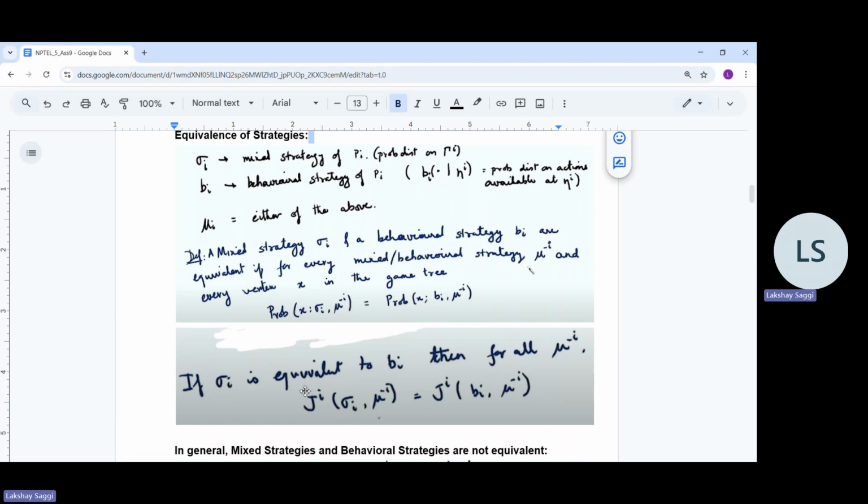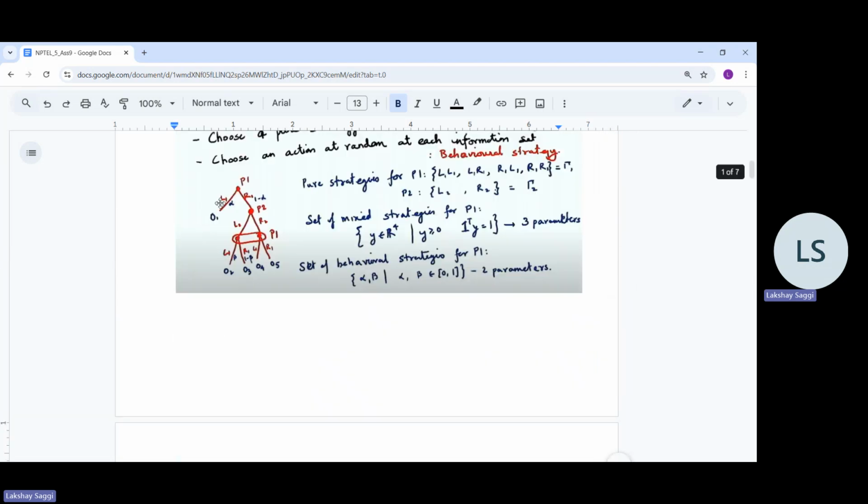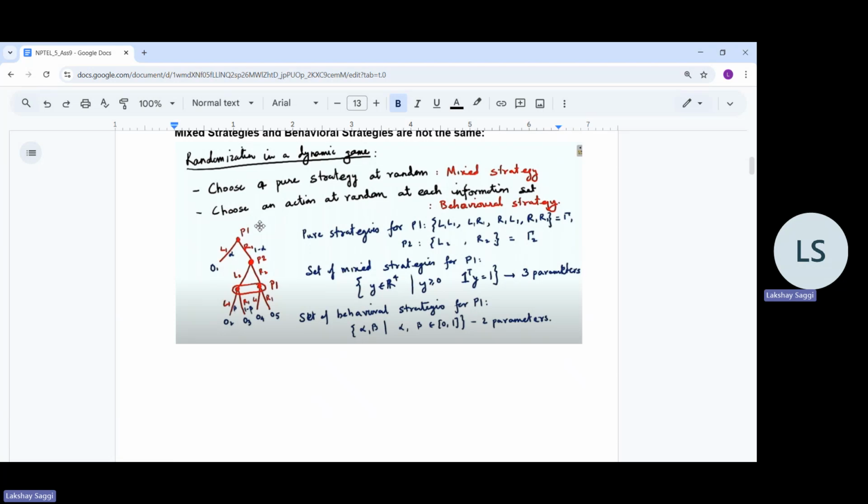This is just a relaxation of the concept that every node in the game tree has the same probability. Let's say sigma I and bi are equivalent strategies. This means that every node in the tree has the same probability of being reached under sigma I as well as bi. So the payoff nodes also have the same probabilities of being reached under sigma I and bi.